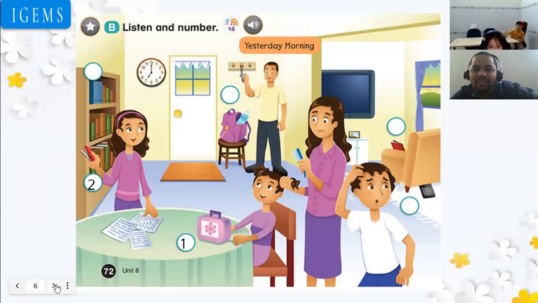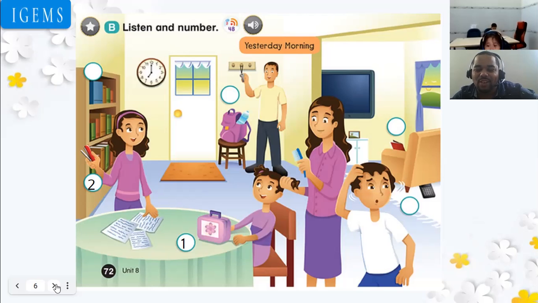Nice. Very nice. I am going to give you a clue. Do you remember this one? A stapler. It is paper. That's right.